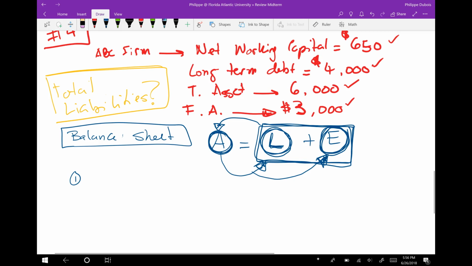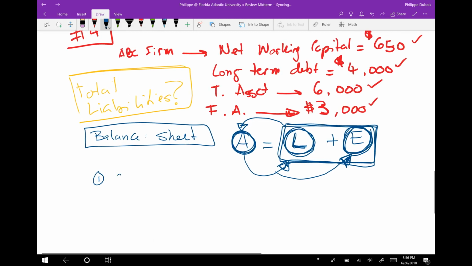When you look at the asset side of your balance sheet, current asset plus your fixed asset equals your total asset.